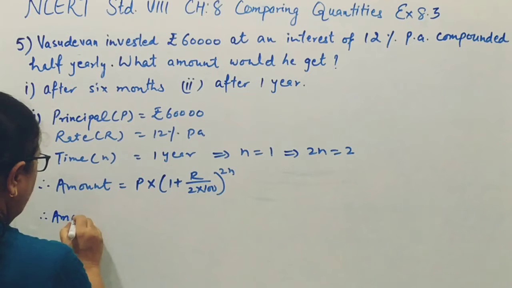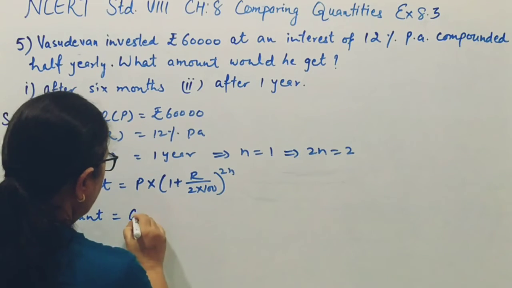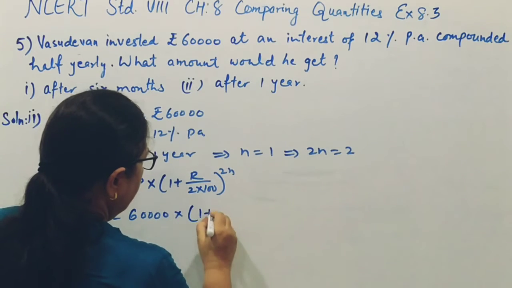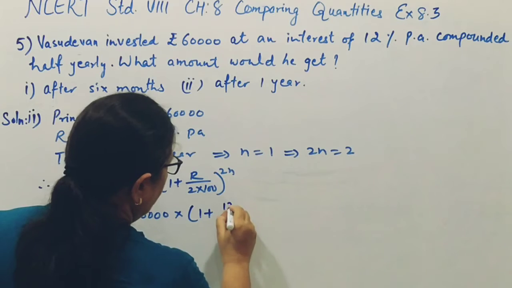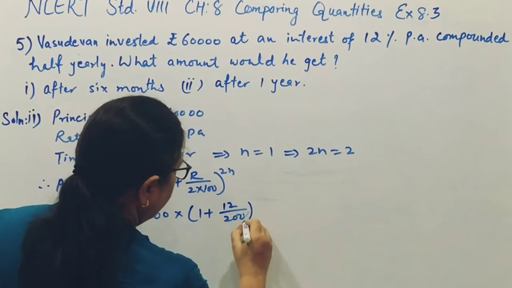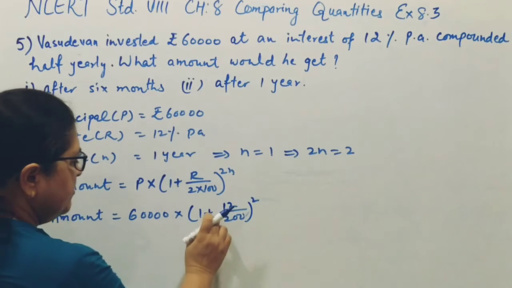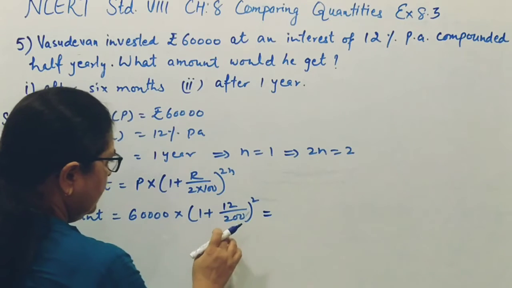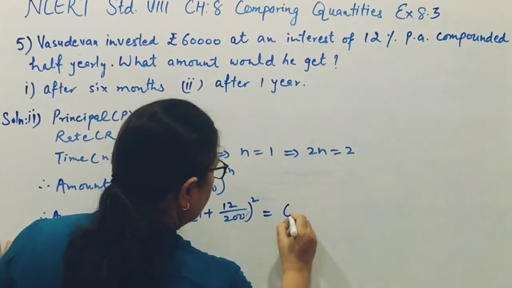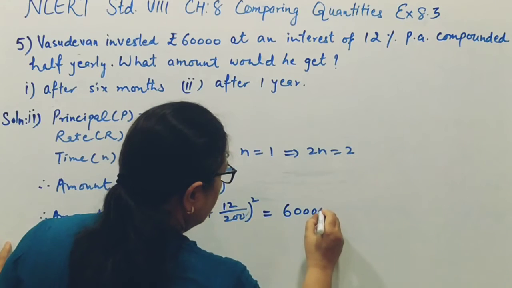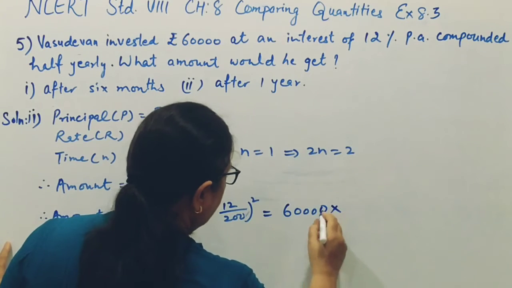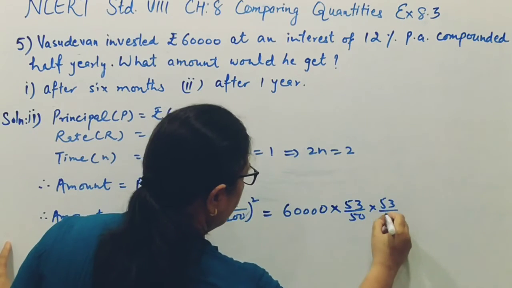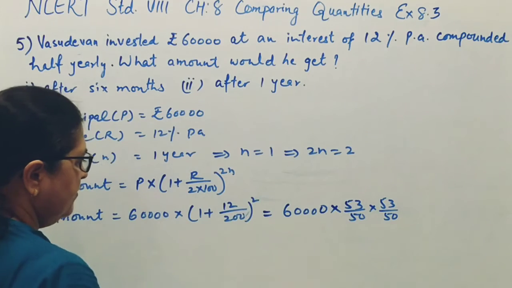Therefore, amount is equal to 60,000 into 1 plus 12/200 raised to power 2. After simplification, 1 plus 12/200 will become 53/50. It is 60,000 into 53/50 into 53/50, since the power is 2.